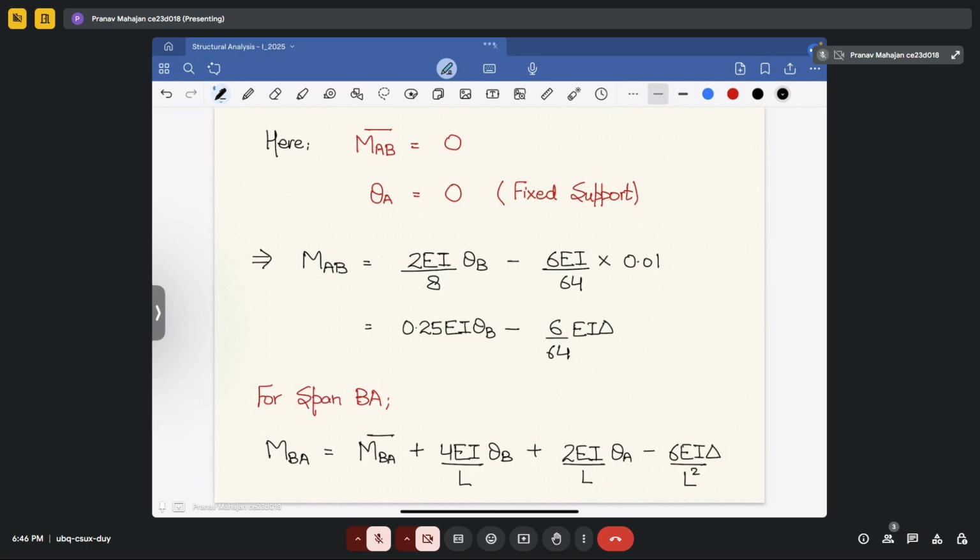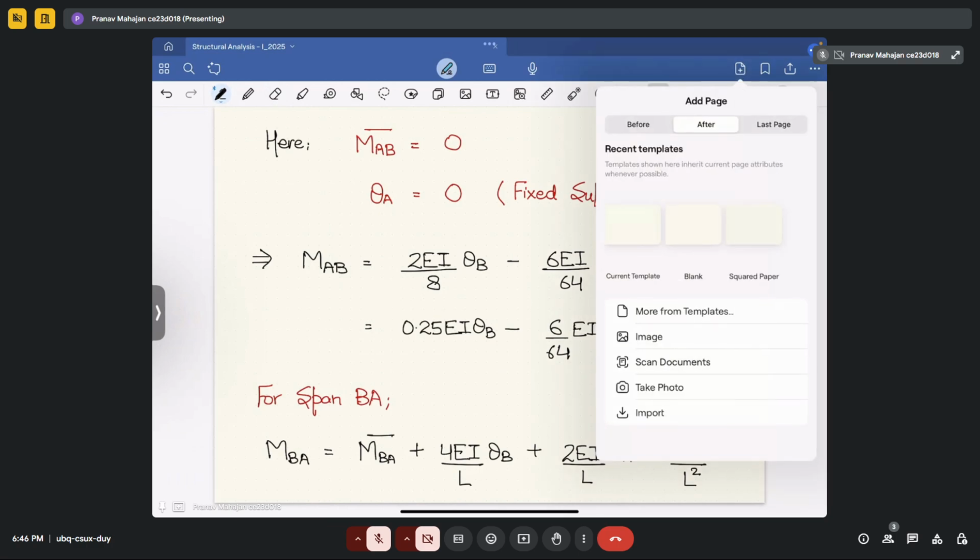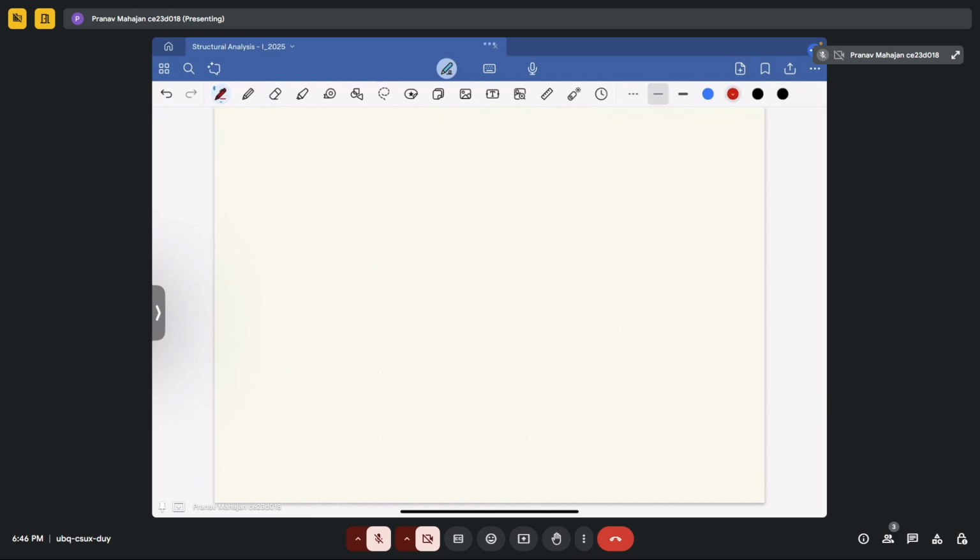Okay. So in this case also, MBA bar will be equal to 0.